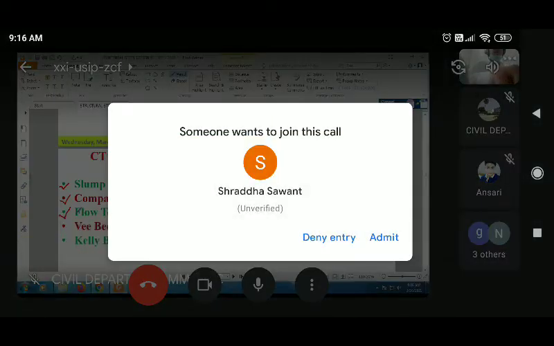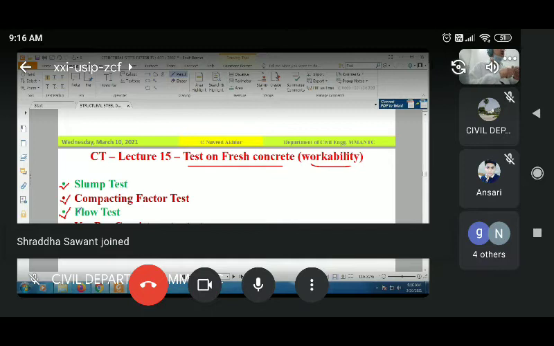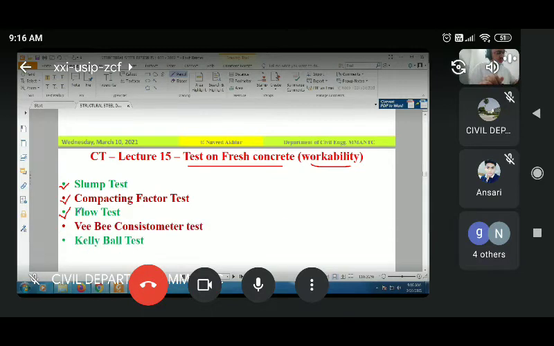And then VB consistency meter, if the degree of workability is very low, then we are going for VB consistometer test.